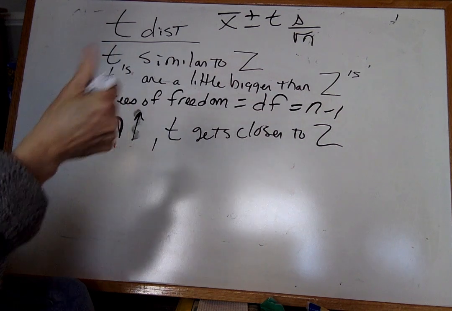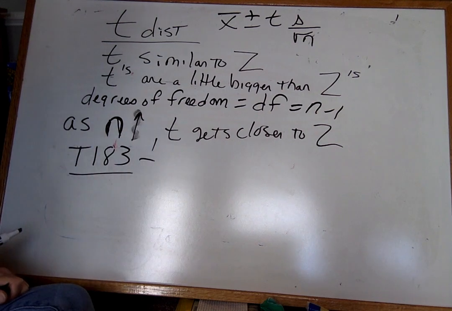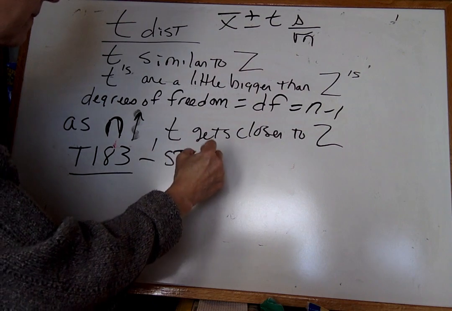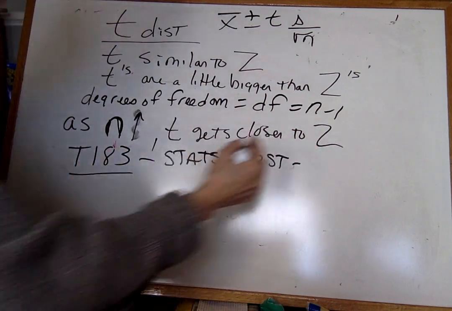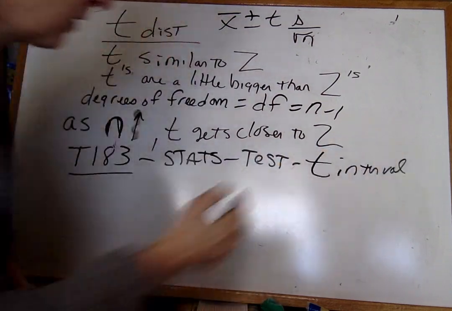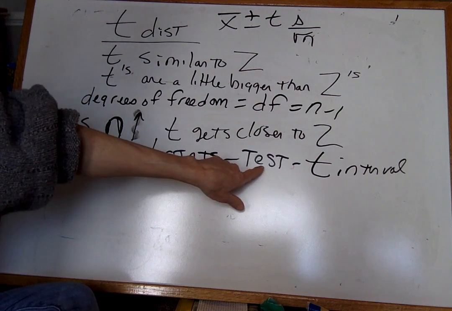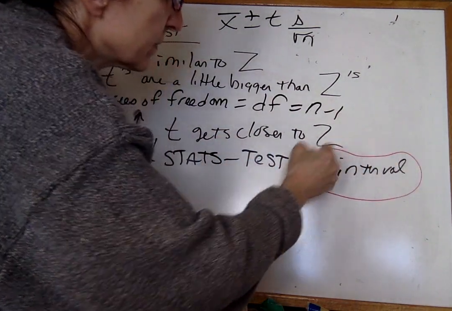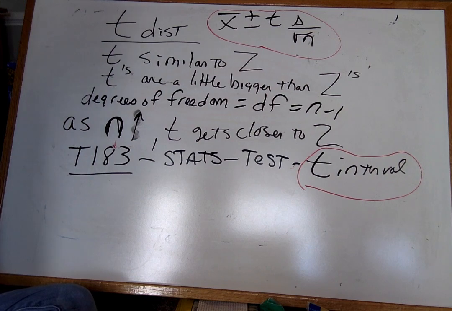While we're here, when we go to our calculator in a few minutes, this is going to be the shortcut. You do have to memorize where it is. For test 3 and test 4, we're going to be going to stats and then test a lot. This one that goes with this formula is called the T interval.